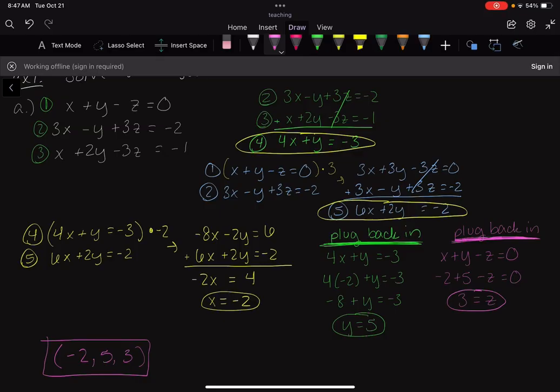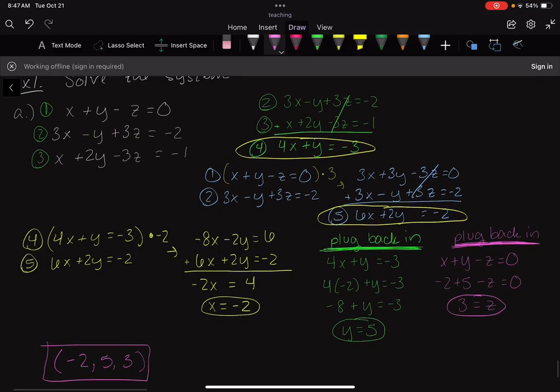So again, I'm going to just kind of recap what we did because I do feel like these can be a little intense. We looked at our first three equations. We picked a variable to cancel out, and in my case, I picked z's. So I saw that with 2 and 3, I could cancel out my z's. And then I used 1 and 2 again to cancel out my z's.